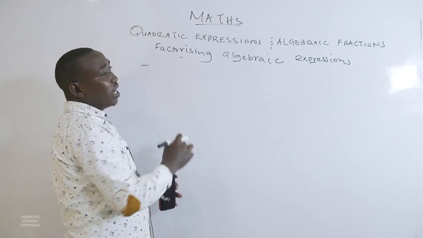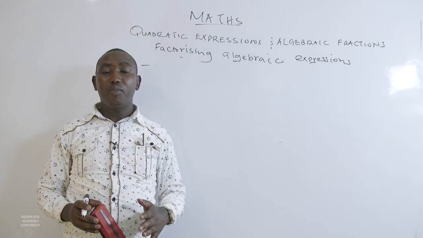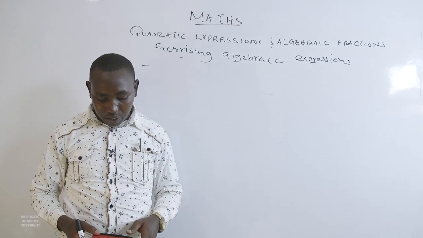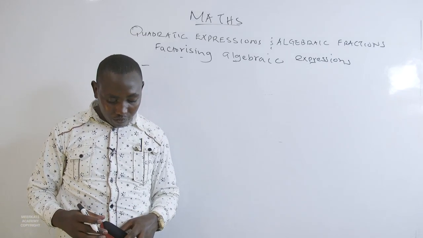Now, factorization is very important because it is normally a key in simplification of almost all mathematical problems. Now, during factorization, there are steps that are supposed to be followed.